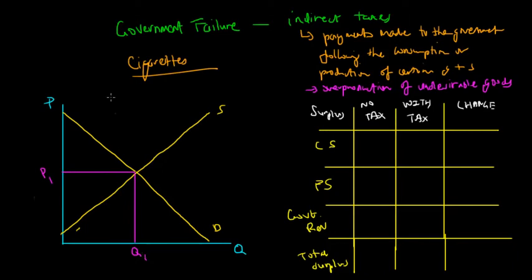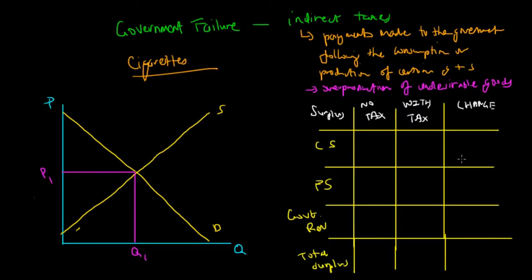The producer surplus is below the price and above what they could supply at, and the consumer surplus is above the price they buy for and below what they value cigarettes at.